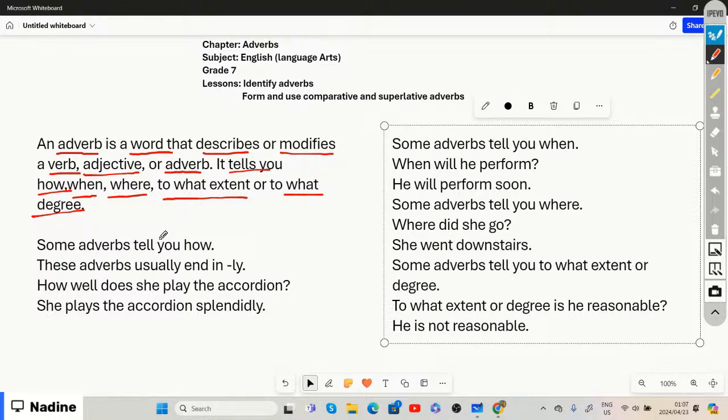Remember, we said adverbs either tell you how, when, where, to what extent, or to what degree. So some adverbs that tell us how usually end in ly, which means that the word is going to end in ly, right?